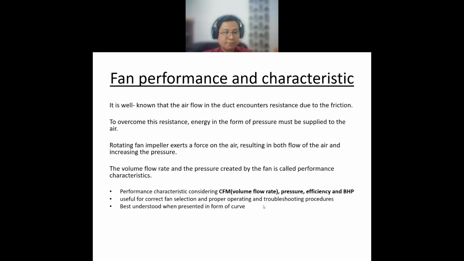Useful for correct fan selection and proper operating and troubleshooting procedures, so once we select that fan model type, we know how to handle this fan.